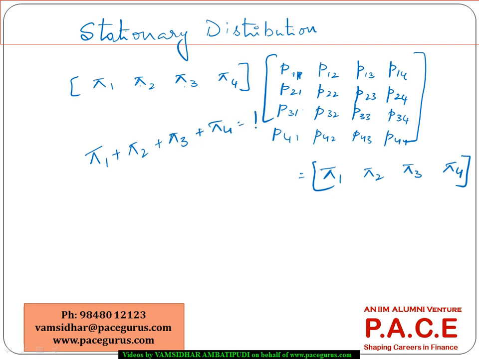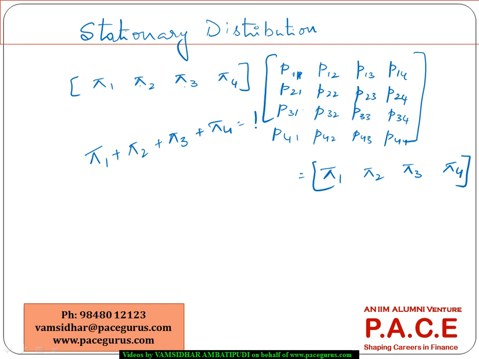When I do these simplifications and find pi 1, pi 2, pi 3, pi 4, whatever those numbers work out to, we call that the stationary distribution. We'll take up a numerical on finding the stationary distribution of a Markov chain, and based on that we can do the calculations and get clarity.